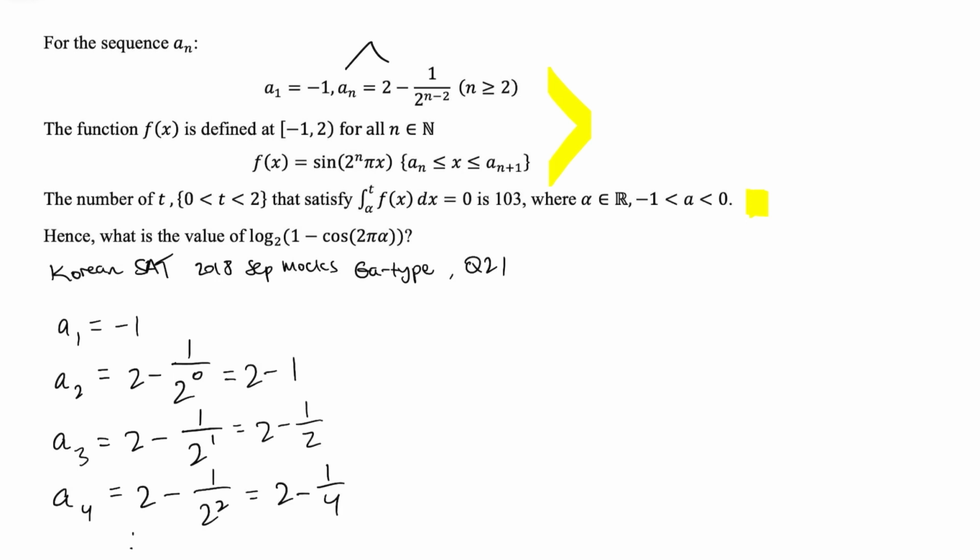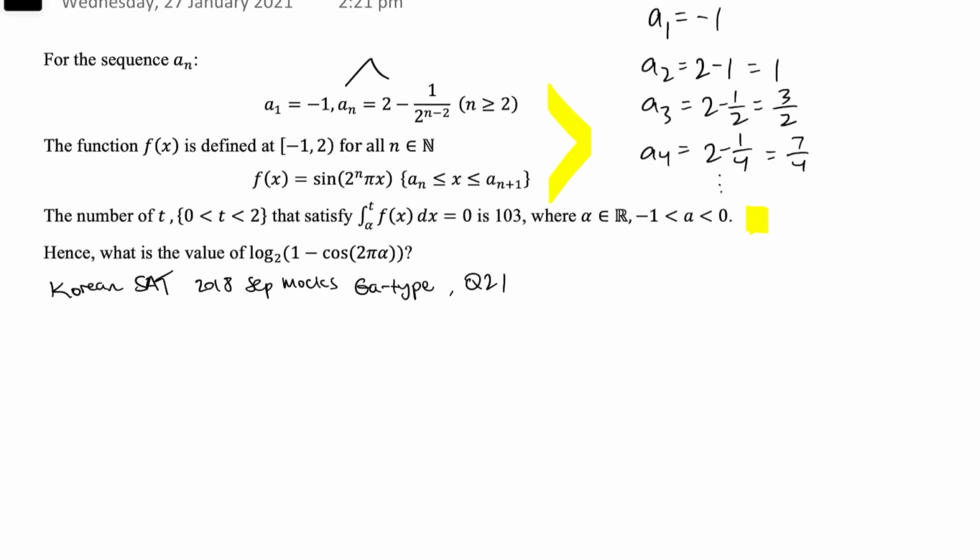Now let's use this to figure out what f of x looks like for the various intervals that x lies in. Where it says here, we can see that x lies between a of n and a of n plus 1. We'll also list the period for each interval, so that it makes it easier for us to draw. When n is equal to 1, f of x is equal to sine 2 pi x, and x lies between -1 and 1.